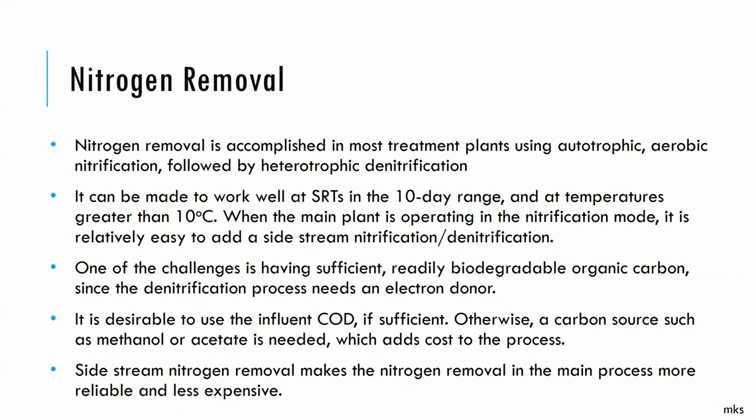And so one of the challenges is having sufficient, readily degradable organic carbon to form this electron donor. And it's desirable to use the influent COD for this if it's sufficient. Often it's not sufficient. And sometimes we try to affect fermentation in the process to make some readily degradable organic carbon.